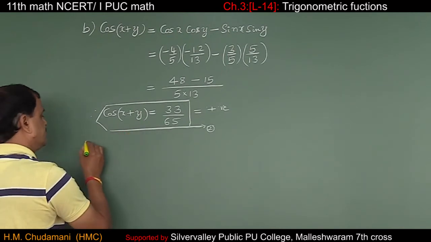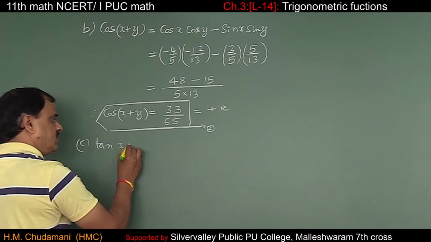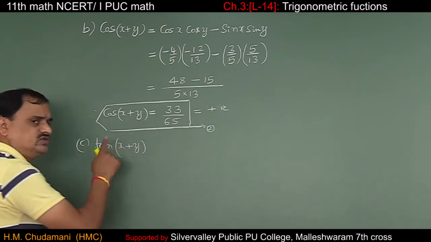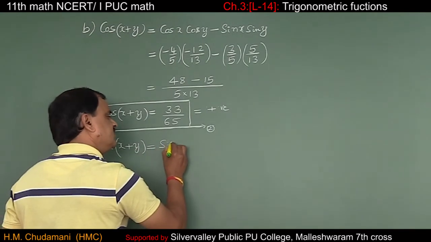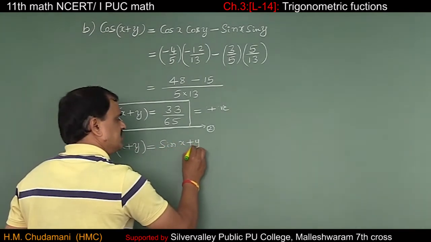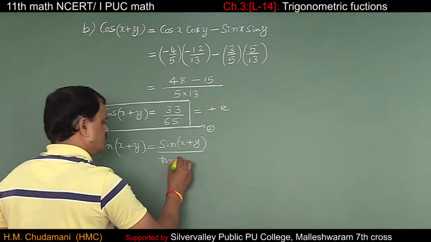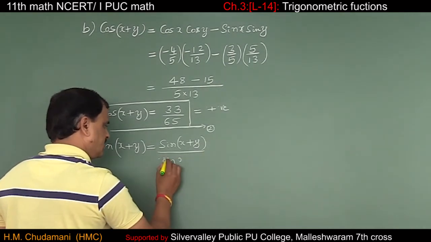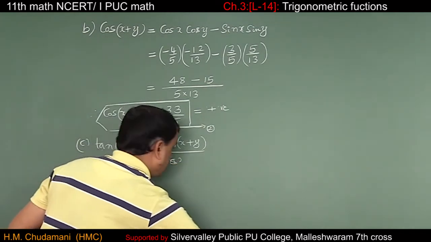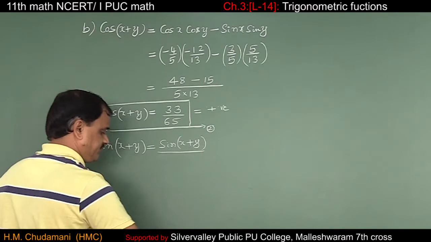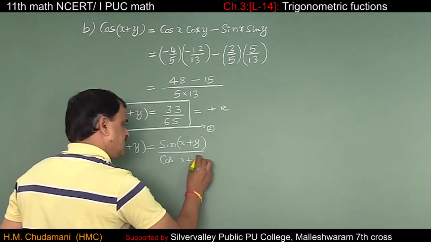So now let us write tan of x plus y. Once you get sin of x plus y and cos of x plus y, let me write using the quotient relation, or else you can make use of the tan of x plus y formula. So sin of x plus y divided by cos of x plus y, sin theta divided by cos theta.